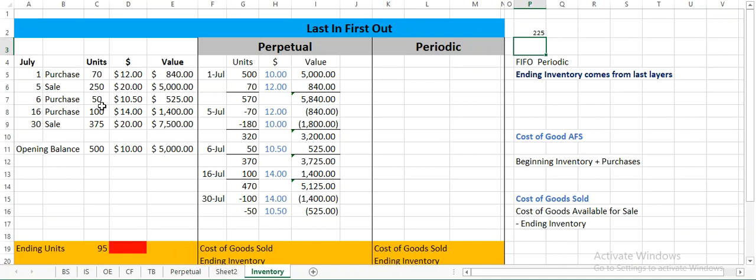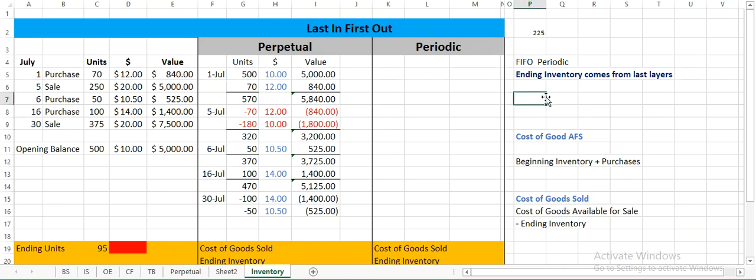The next layer is 70. Now what happens at this 70 is we would see from this sale here that 70 was already used. So there's no more of that 70 layer to be used. So we move up to the next layer, this 500.